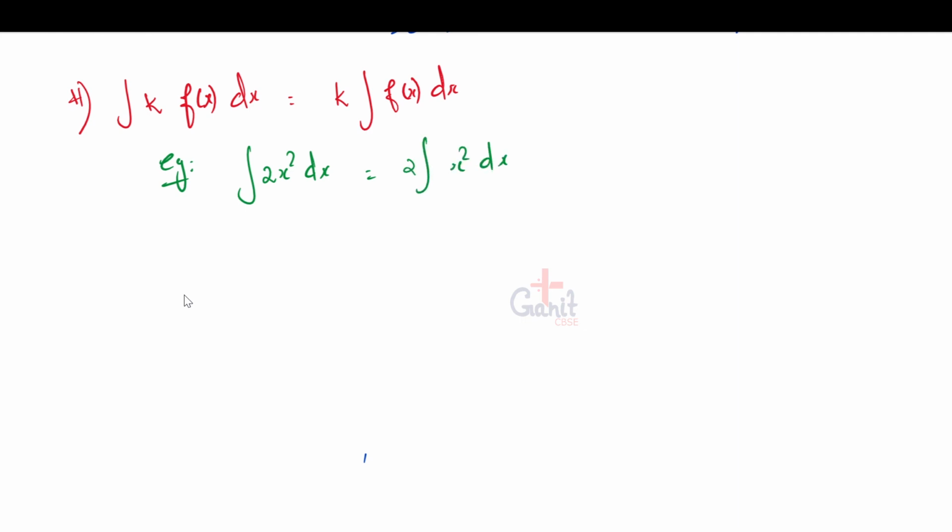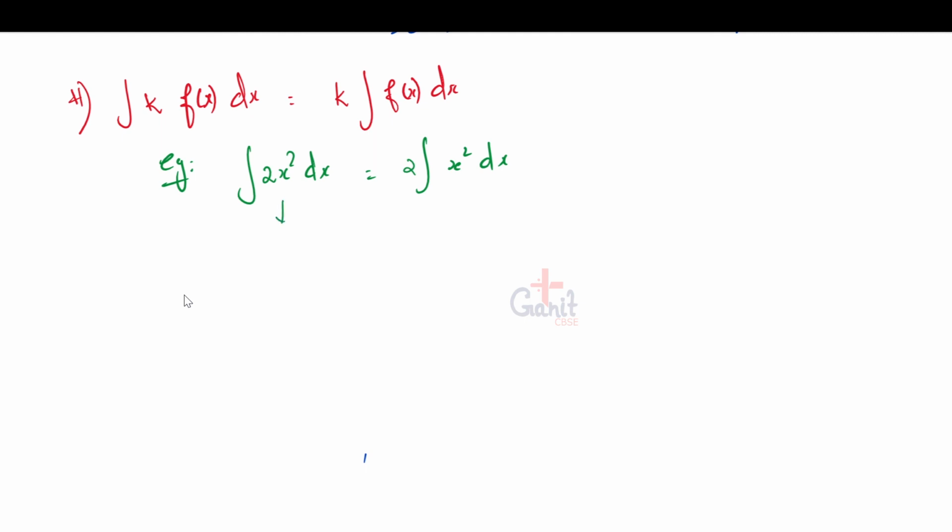property. If I have a constant k and that's a real number, I can take out the constant and I'll get the same answer. For example, integration of 2x square dx will be same as 2 into integration of x square with respect to x.